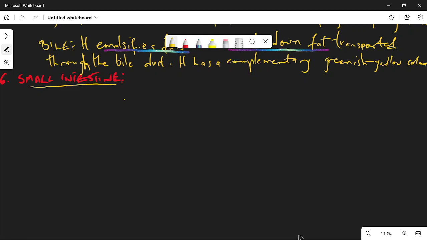So further things that happen in the small intestine is that we have the further digestion of the food that we have eaten. For example, we have the action of some intestinal enzymes, secretions in the intestinal walls that carry out further conversion. Example, we have enzymes like erepsin, like maltase, like sucrase, like lactase.